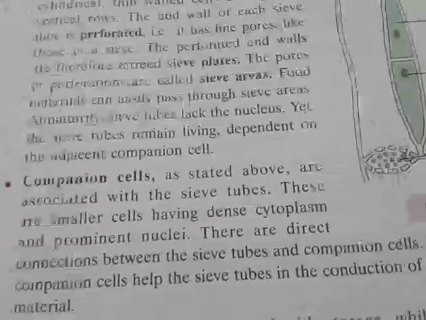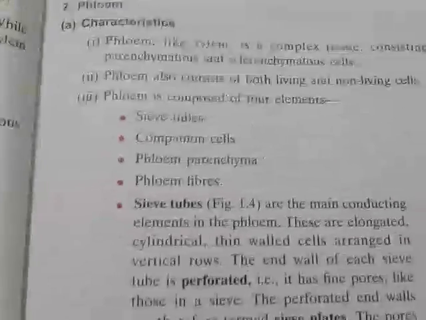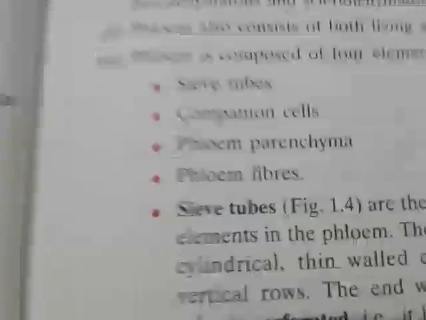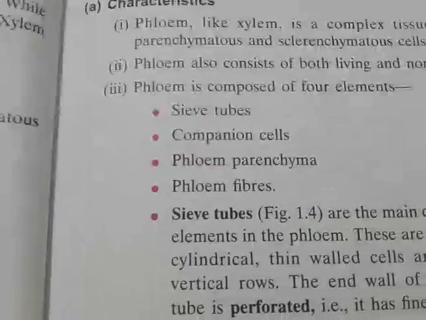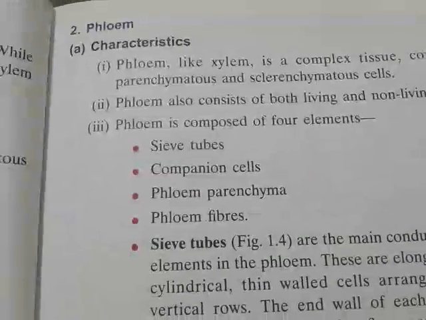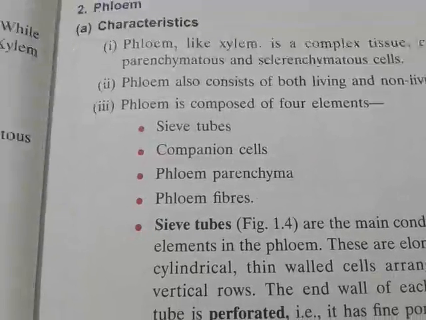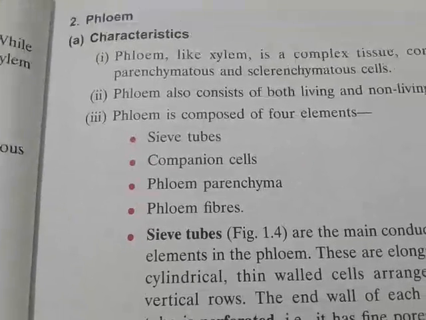So these are the four major parts of the phloem: sieve tubes, companion cells, phloem parenchyma and phloem fibers. Phloem fibers basically give mechanical support. Phloem parenchyma is used for storage.